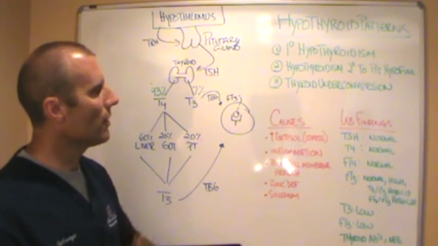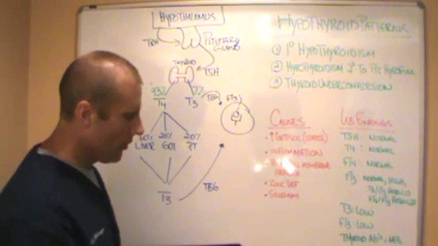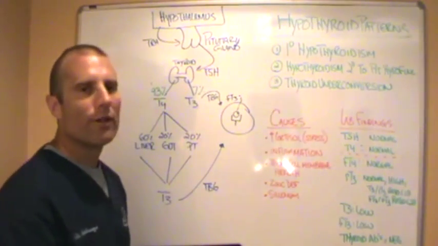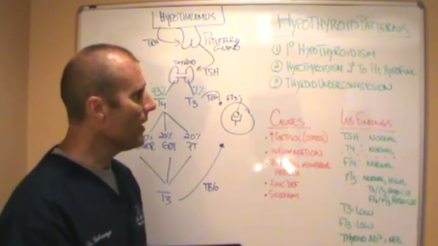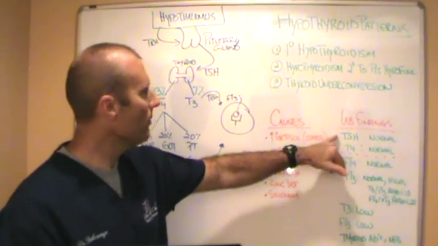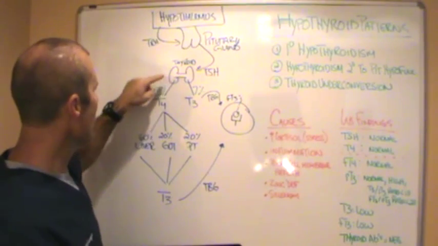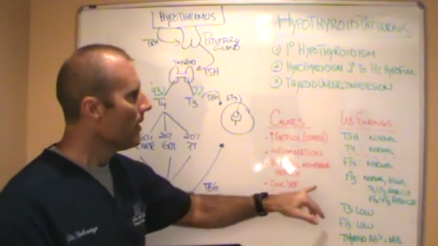Your doctor may look at your lab values and say, hey, TSH is normal and T4 is normal. If that is all that your doctor runs, they're going to miss this pattern. TSH is typically normal because we have appropriate levels of TSH stimulating the thyroid gland. It's making T4, it's making T3.